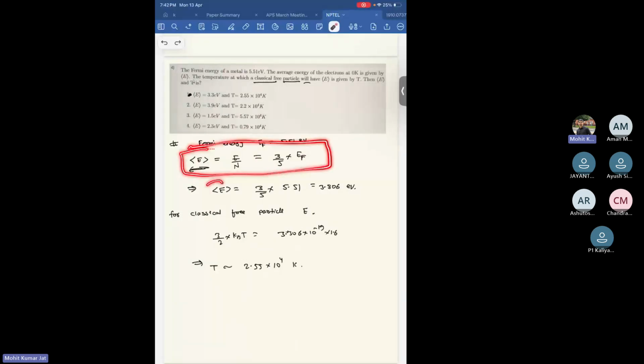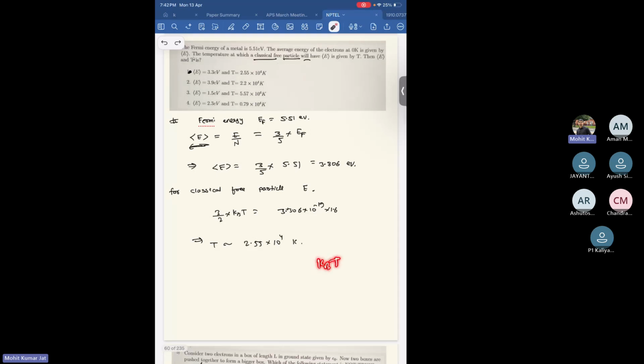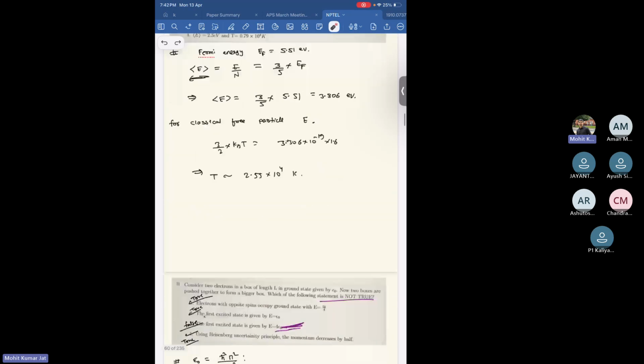So we extract the average of E as 3 by 5 times your Fermi energy, 5.51, and that gives you the average energy of the carriers. And for classical free particles, what will it be? 3 by 2 kBT, right? So half kBT for each direction: x will be half kBT, y will be half kBT, z will be half kBT. So total will be 3 by 2 kBT in 3 dimensions, and that will equal 3.306 into 10 power minus 19. The 1.6 comes because of this eV here, and the temperature turns out to be 2.5 into 10 power 4 Kelvin.